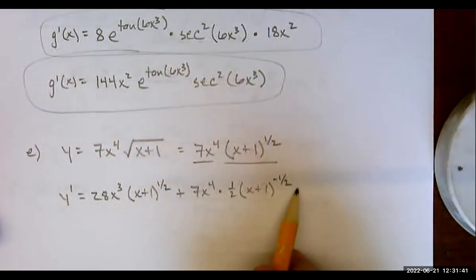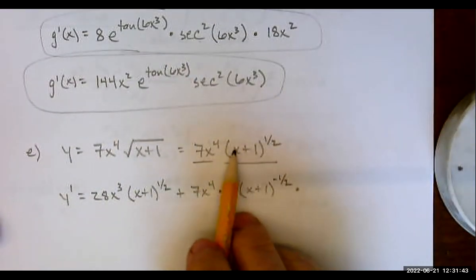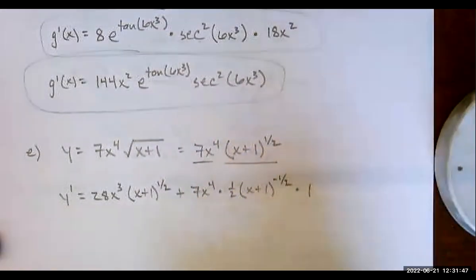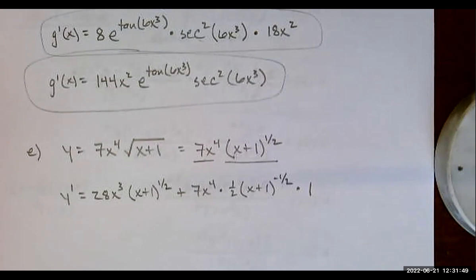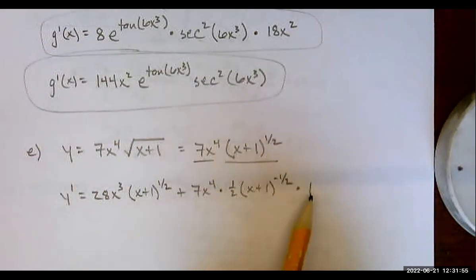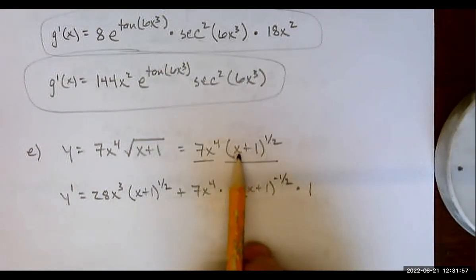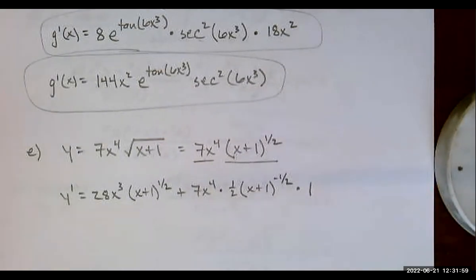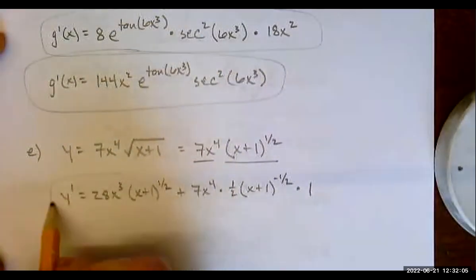Then to finish it off, multiply by the derivative of what's inside the parentheses, but that ends up just being 1. So it doesn't really change much. That's not unusual. We'll get plenty of chain rules whose derivative of their inside is 1. If it's something like x plus a number or x minus a number, that would be the case. And there we go. So there's your unsimplified version.